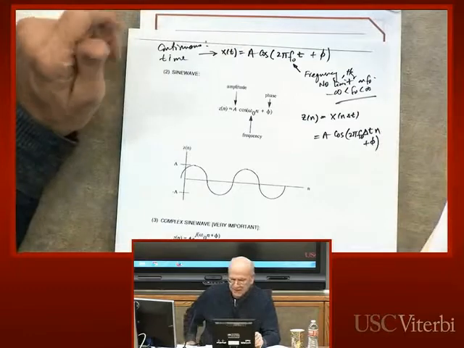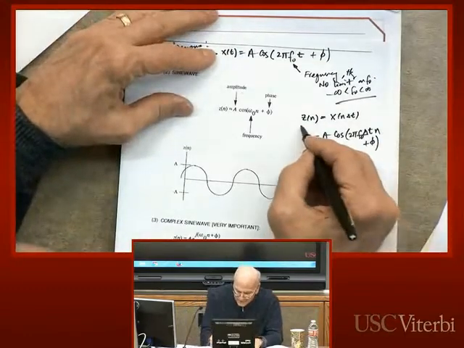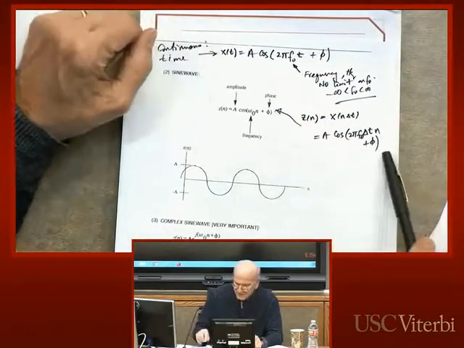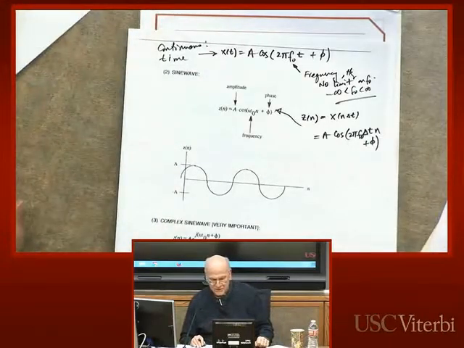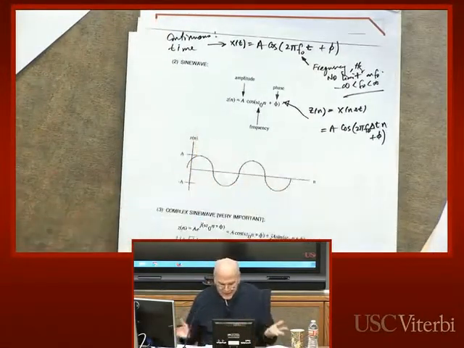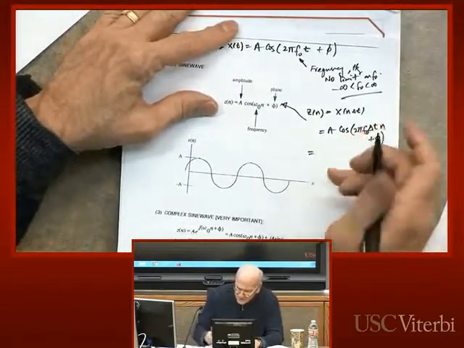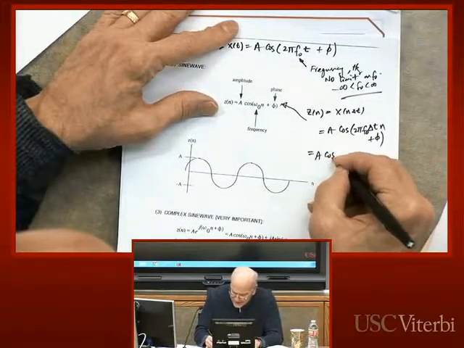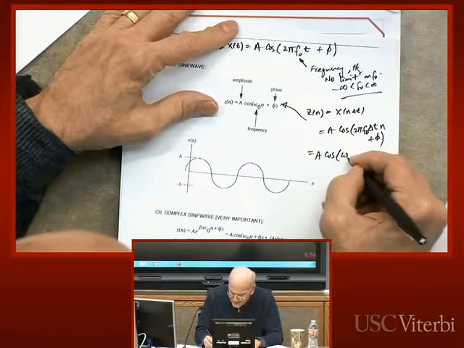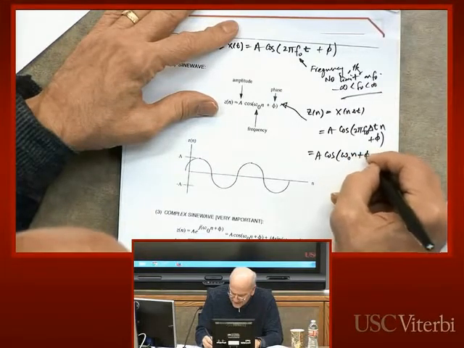So it does look like this. Here's my phi, that's the same as continuous. Here's my amplitude, that's the same as continuous, but what is this stuff in here? Let me rewrite this as omega naught n plus phi.